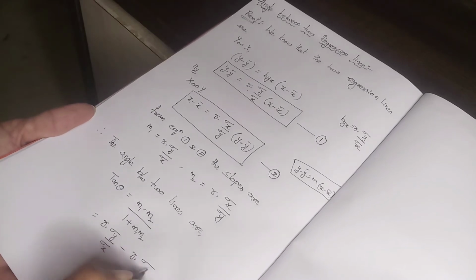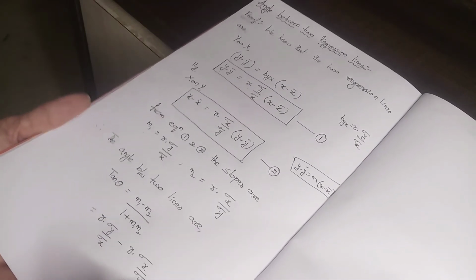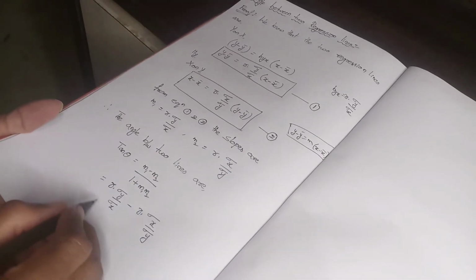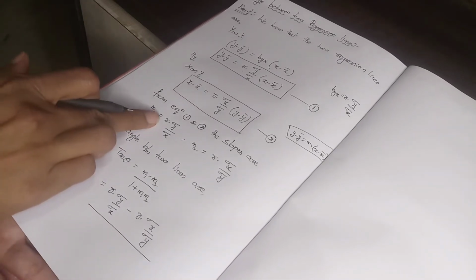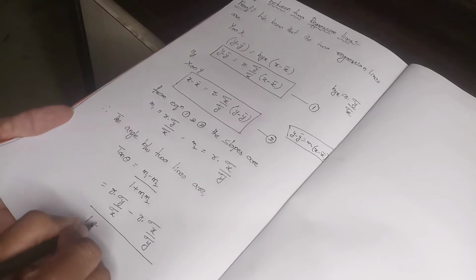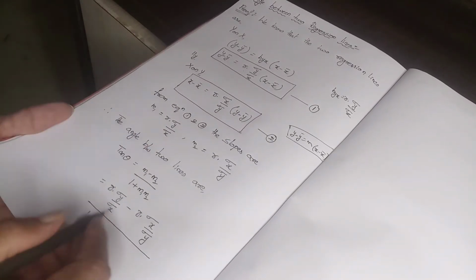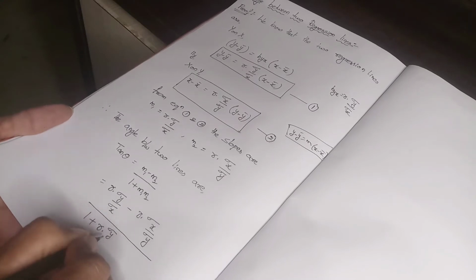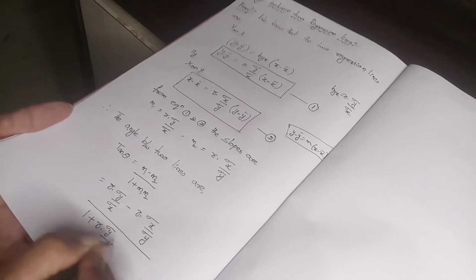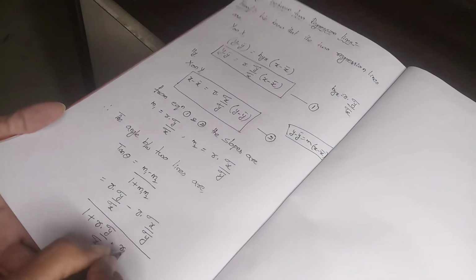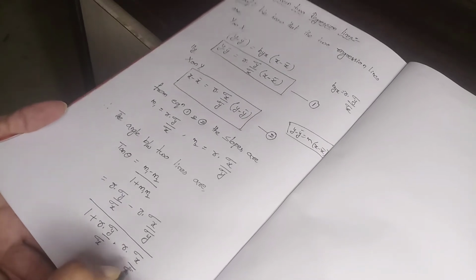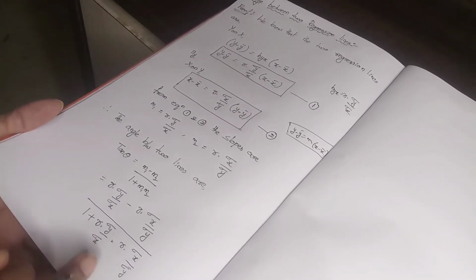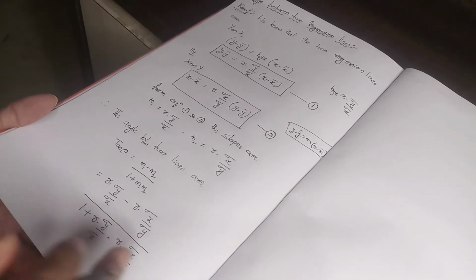R into standard deviation of x by standard deviation of y, whole by 1 plus again m1, r into standard deviation of y by standard deviation of x, into m2, again r into standard deviation of x by standard deviation of y. Now we have to solve this one.